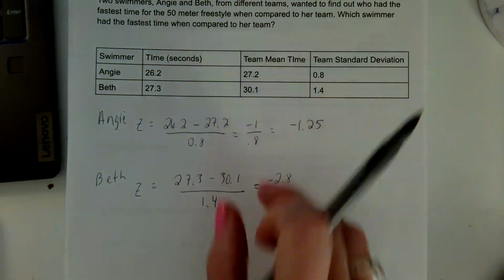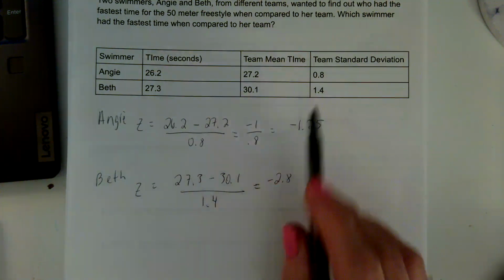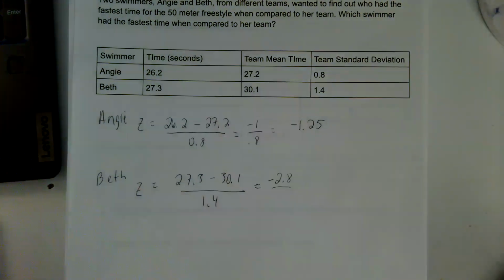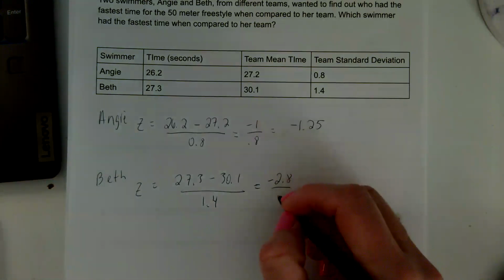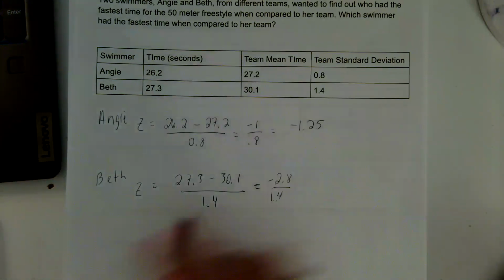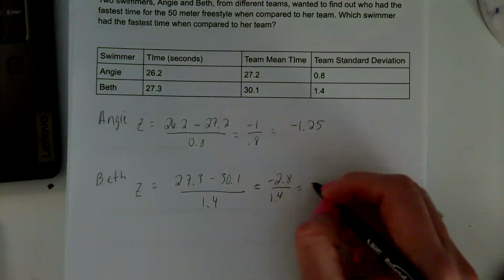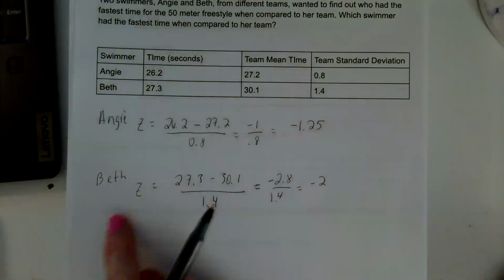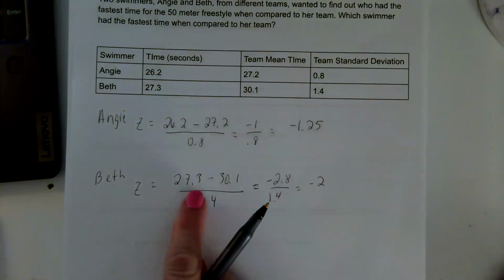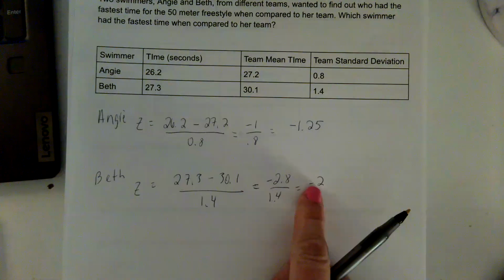They're closer together than Beth's team. So let's divide this. And it looks like Beth is under her team's average by 2 standard deviations.